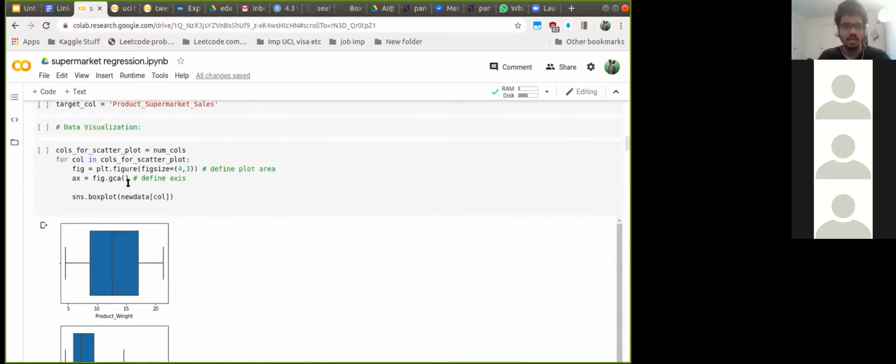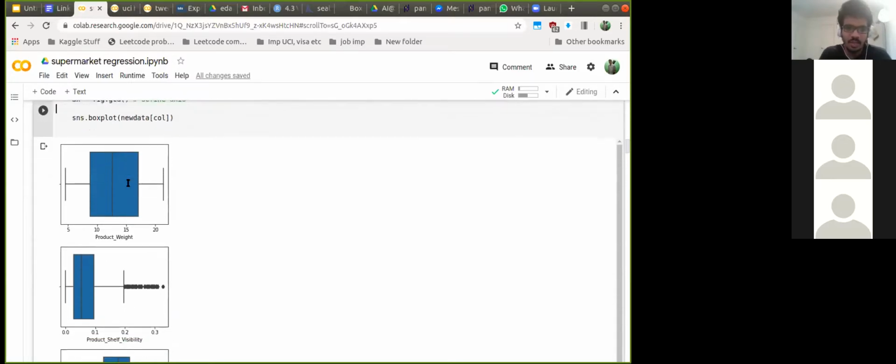So what we can use for univariate analysis here is a box plot, because like I said earlier, with just a single plot we can get a lot of information from the box plot.